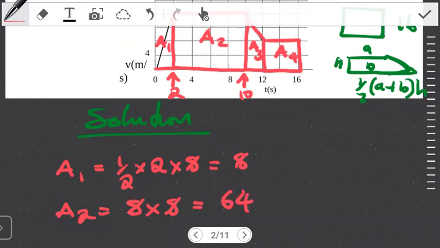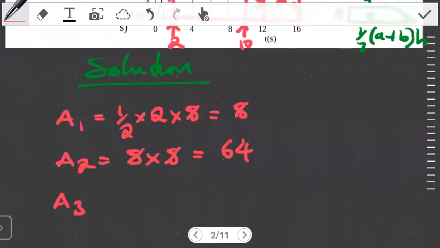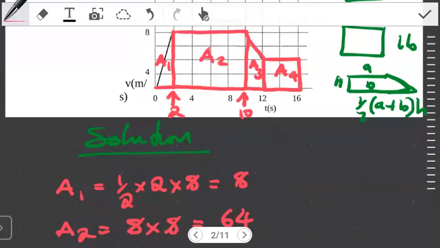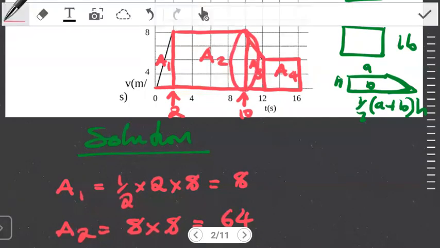Next, we move on to A3. A3, I decided to work with the trapezium. So the formula for the area of a trapezium, we have it there. So the two parallel sides, now you notice that it's this side, and the short one, the other side. So it's up to me which one I want to take as my A and my B. So I'm going to take this side as my A, and this side is from 0 to 8.